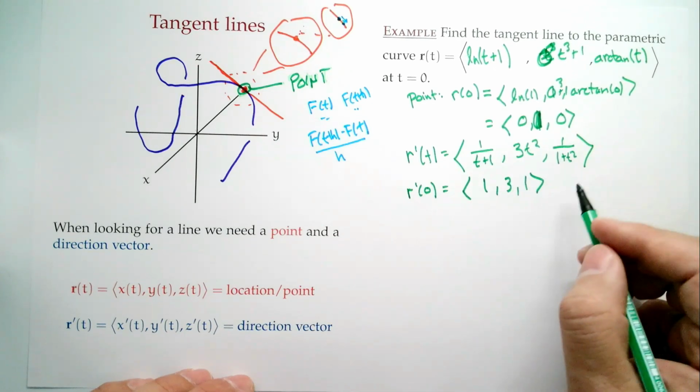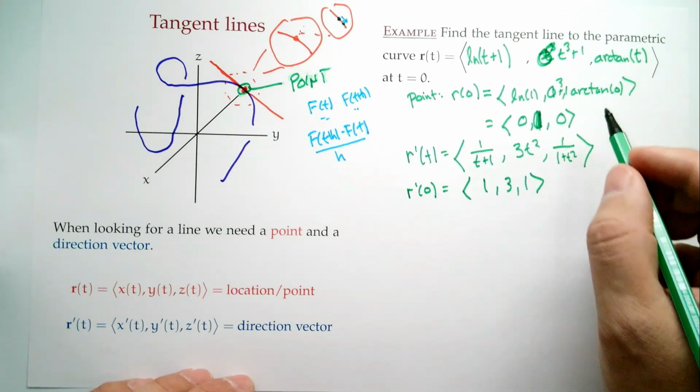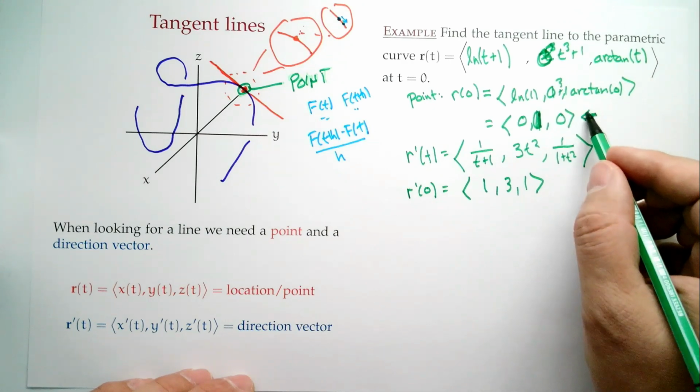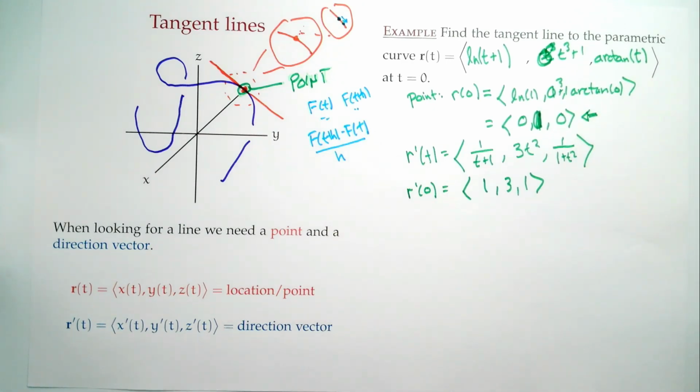So now, this is our direction. And you might say, wait a second, Steve, you said that's the point, but that's a vector. But remember, the way that it's set up is that the vector valued function, we can relate vectors to points by saying it points to the location where you're at if you start at the origin.